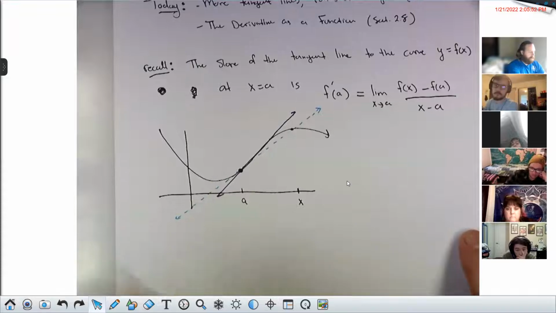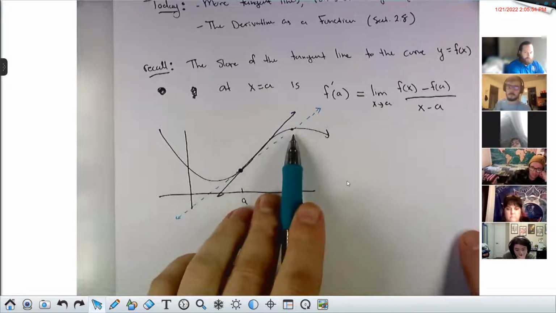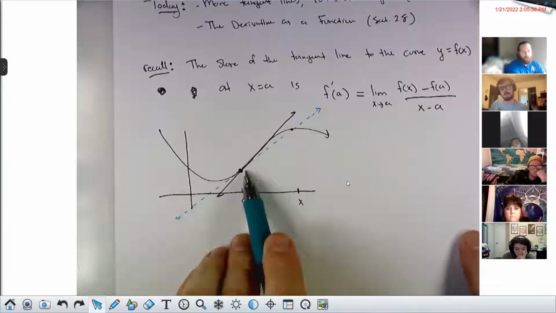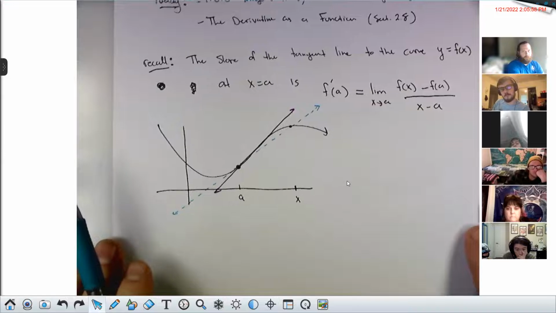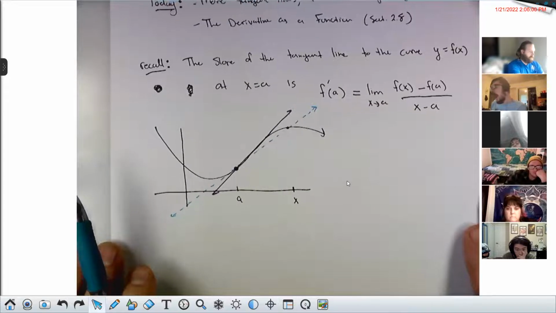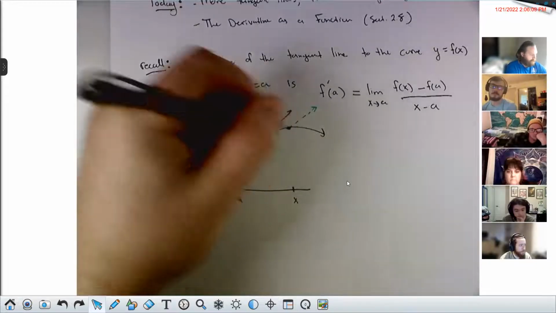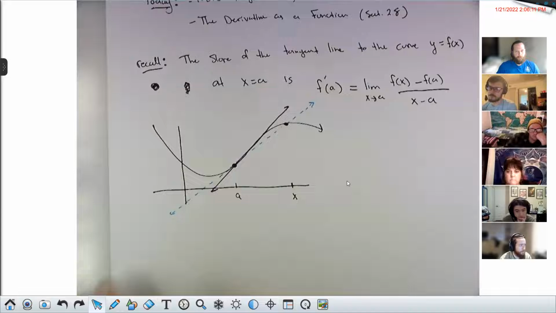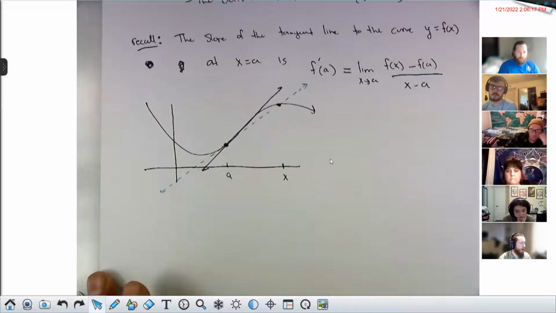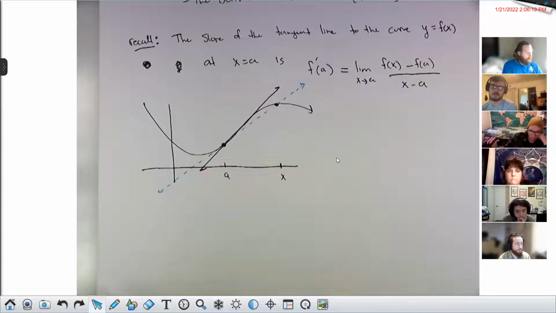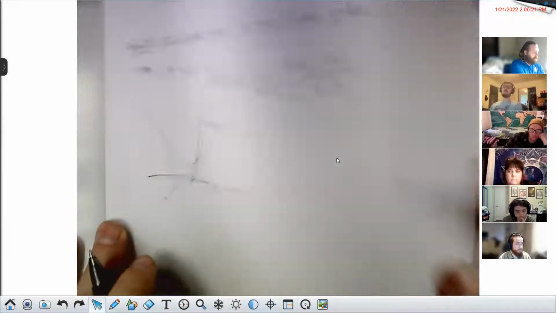So by taking this point over here and dragging it over here, we're able to pass from the secant line to the tangent line. And it's the limit that does that dragging. And of course, the thing we want is the slope of the purple line, the slope of the tangent line. There are some bits of terminology.